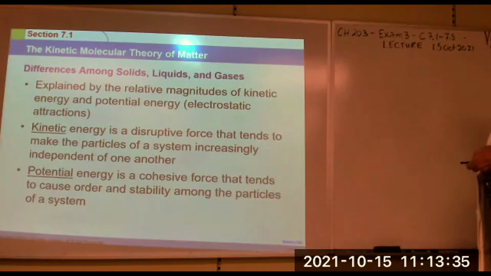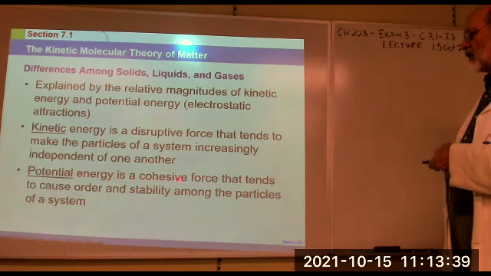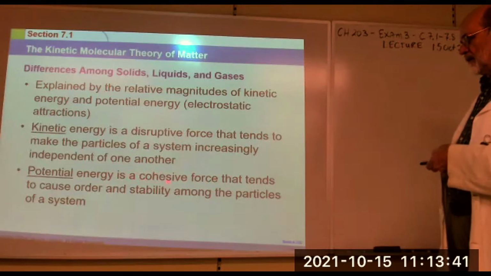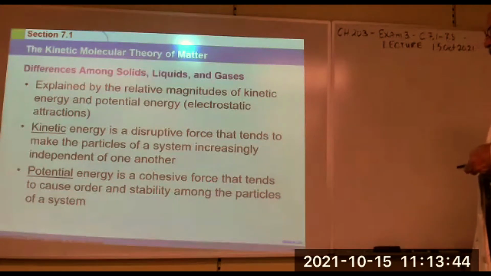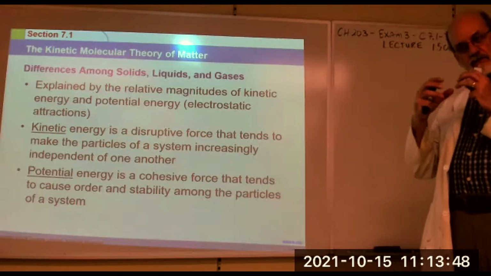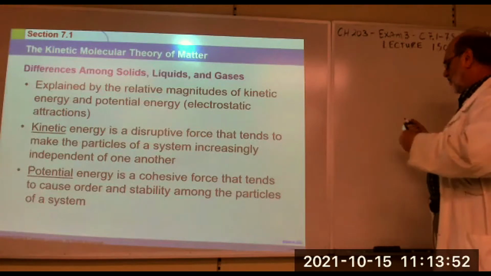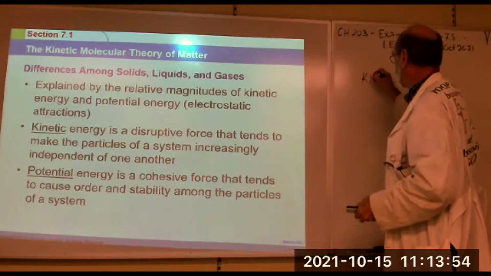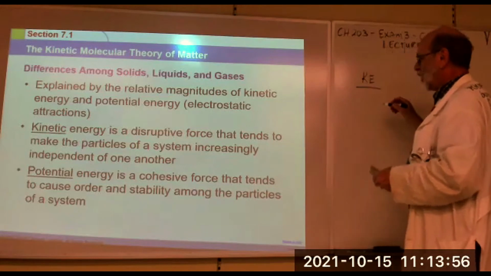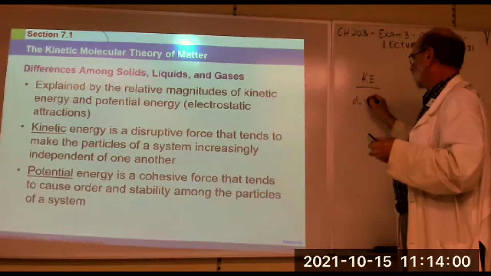Whereas potential energy can be considered a cohesive force. It tends to cause stability. In other words, particles tend to group together. So when we say kinetic energy, we're measuring, well, they call it a disruptive force.